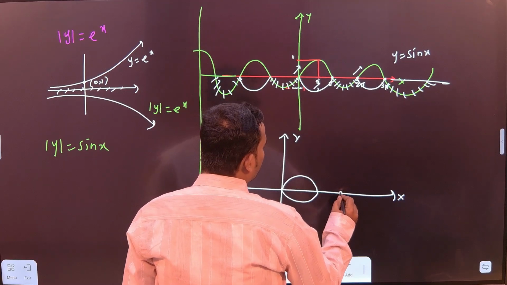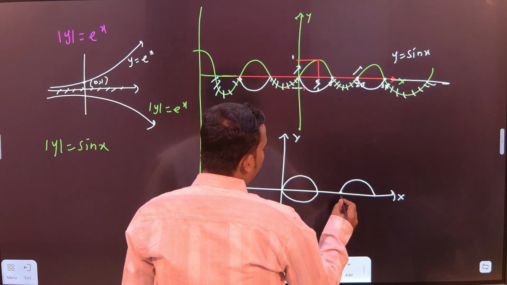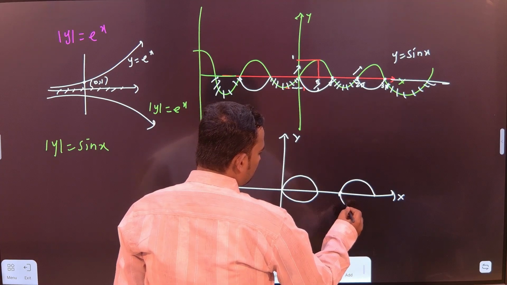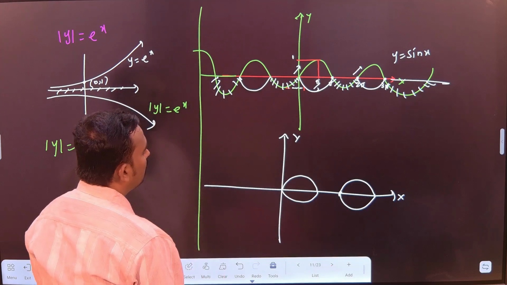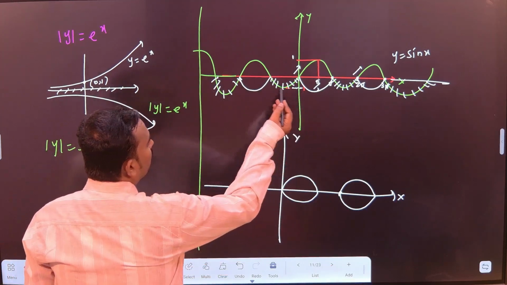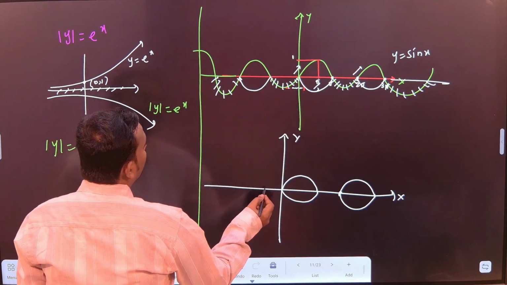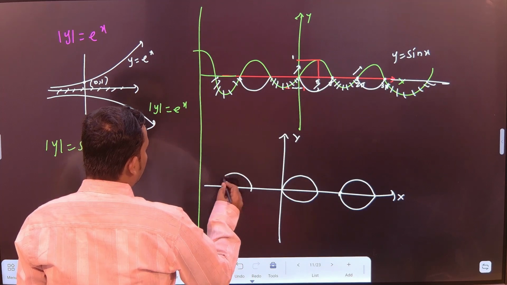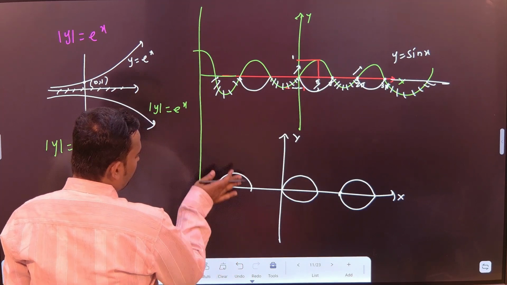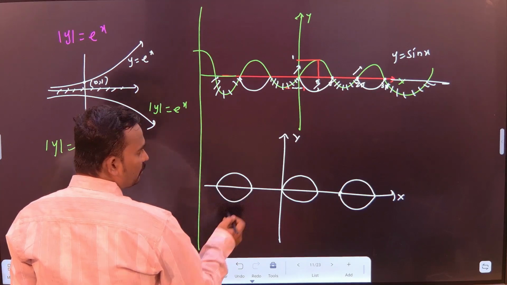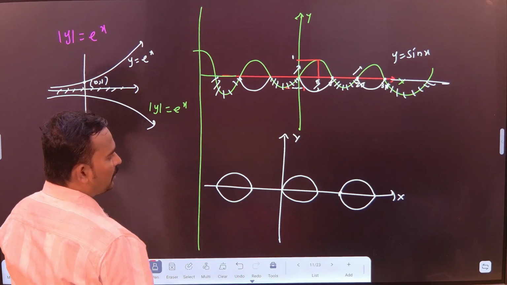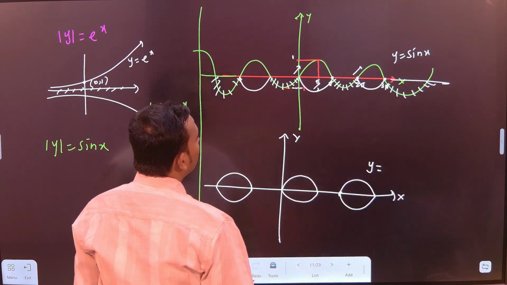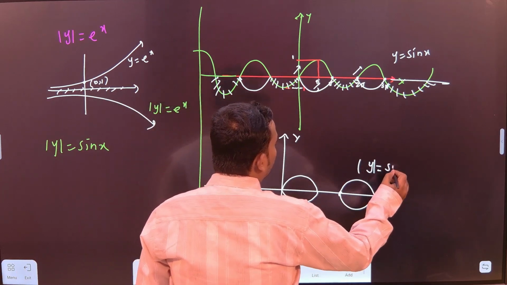You remove this one, take the portions above the axis, and take the image of that with respect to the axis, right? This one. Then you can see here is negative. Remove this. Take the portion above the x axis, then take the image of that. Okay. So this is your graph of mod y is equal to sin x.